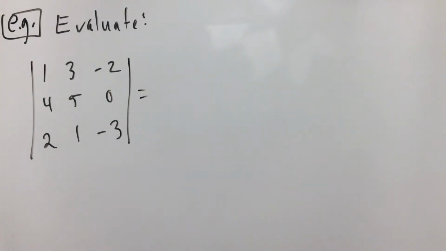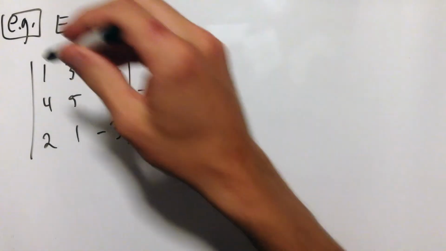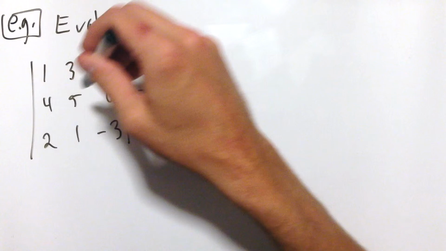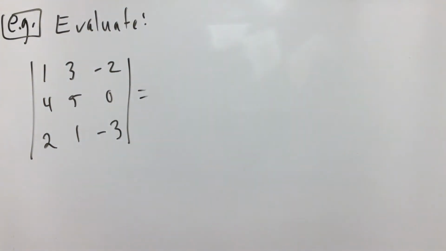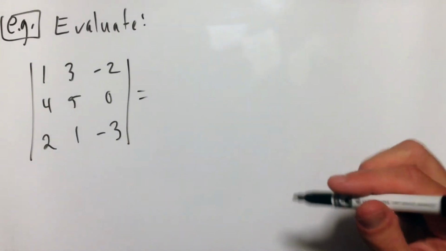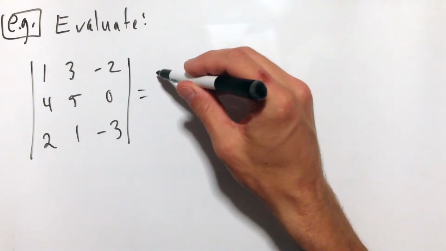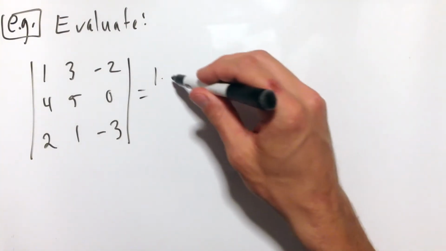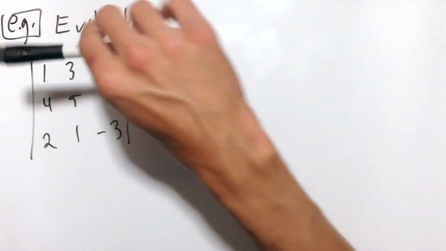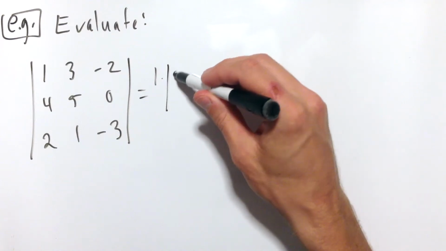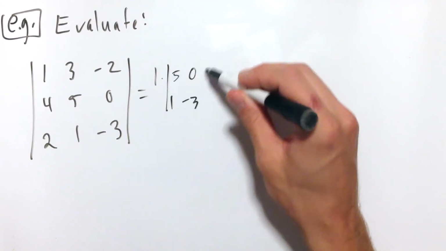So as an example, let's evaluate the 3 by 3 determinant 1, 3, negative 2, 4, 5, 0, 2, 1, negative 3. And I'll do this out completely by hand to show you it's really not that crazy. So we take the first entry of the first row, which is 1, and we multiply it by the 2 by 2 determinant, excluding the first row and the first column, which is 5, 0, 1, negative 3.